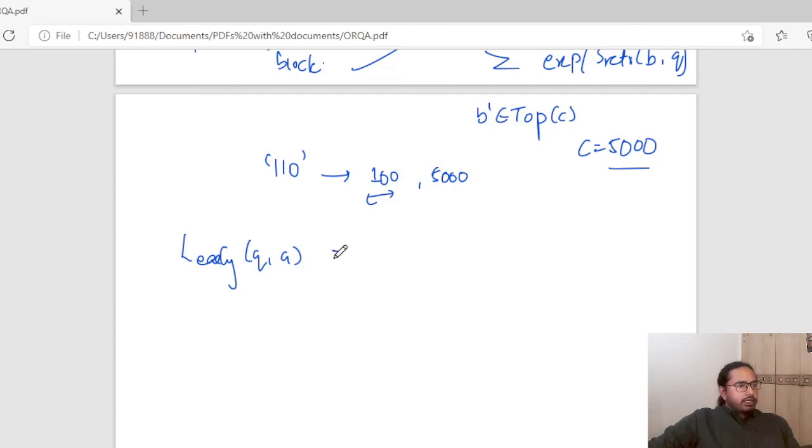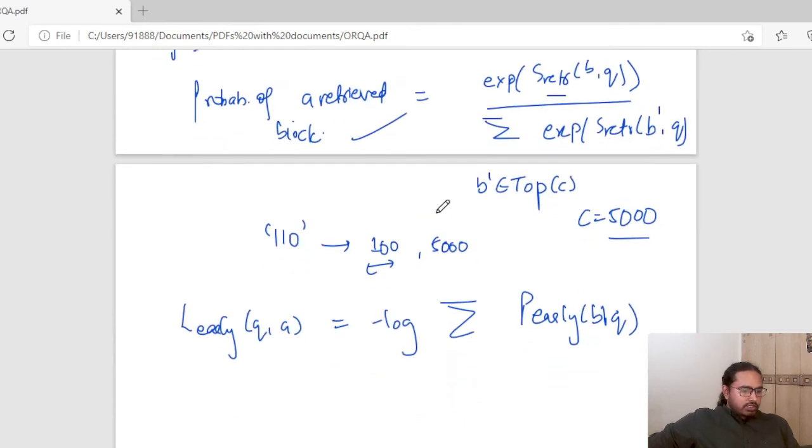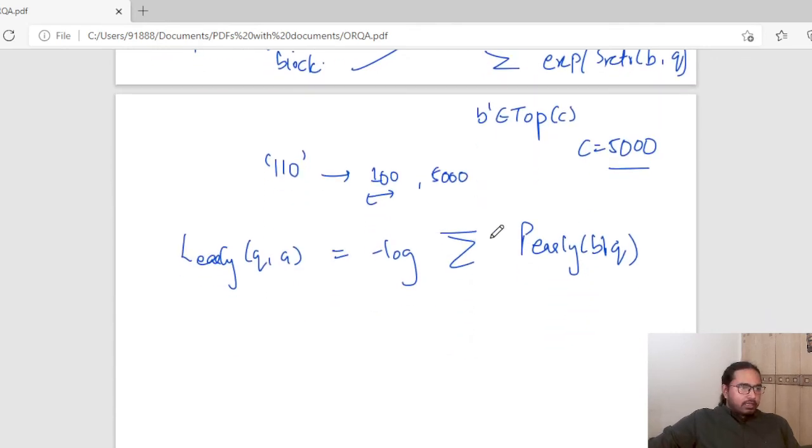So L early is the negative log of the summation of P early for B given Q, the same probability for the blocks where B belongs to the top C retrieved documents and the answer text A belongs to the text of B, which basically means that if the target answer is present in that particular block, we want to increase the probability that the model gave to that block.